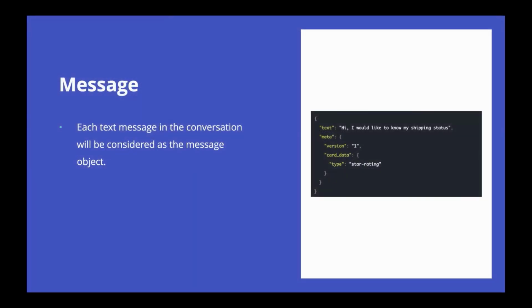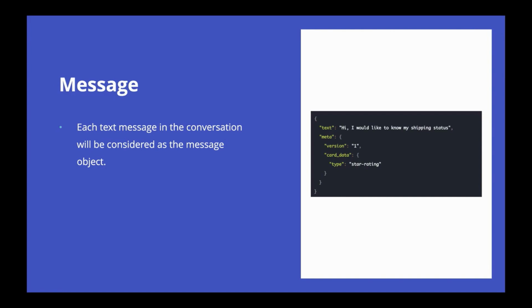The message object. Each text message in the conversation between the Zobot and the visitor will be considered as a message object. So this has two major attributes. The first one is the text attribute, which is a mandatory attribute. This will basically be the entire content of the conversation. Whatever the visitor has entered in the message will be considered as the text attribute.